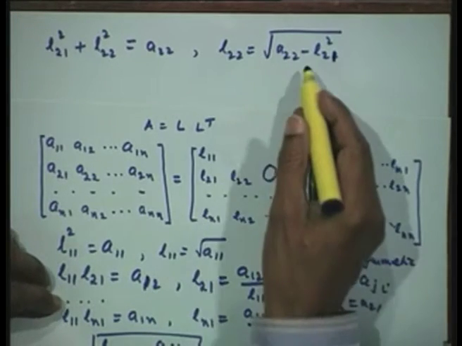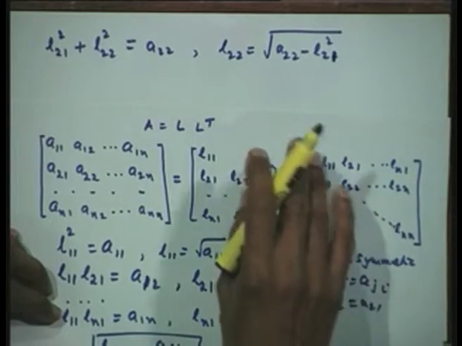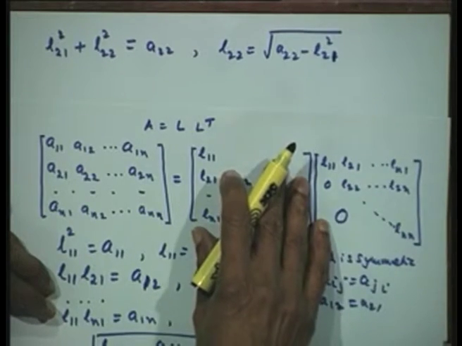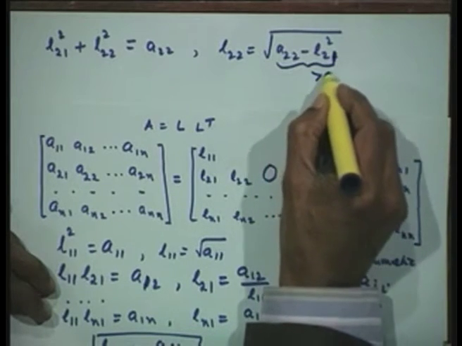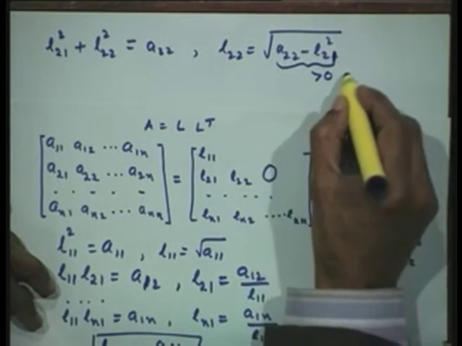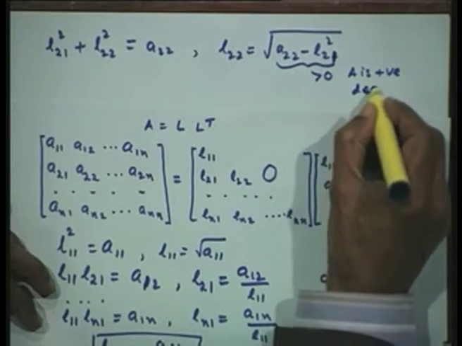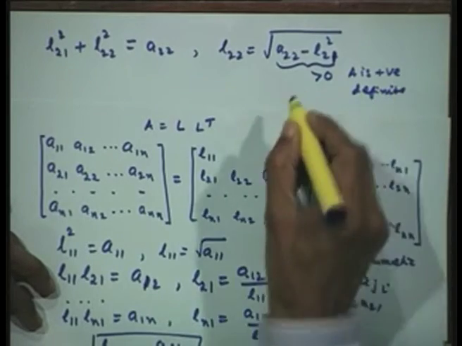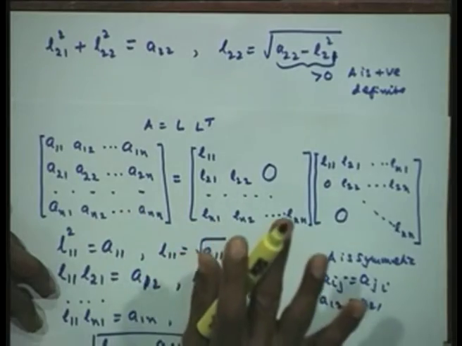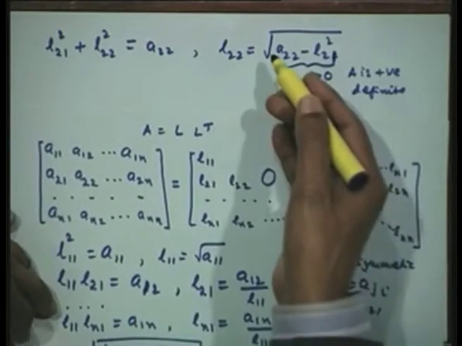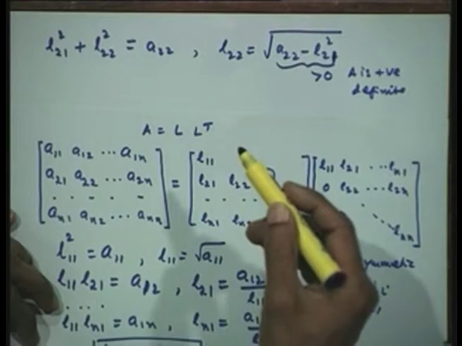Now here we mentioned that if A is positive definite, our decomposition is guaranteed. If A is positive definite, this quantity is always strictly greater than 0. Positive definiteness would imply that A22 minus L21 square is always strictly positive. Therefore, when this square root is coming, we are doing the entire arithmetic in real arithmetic.